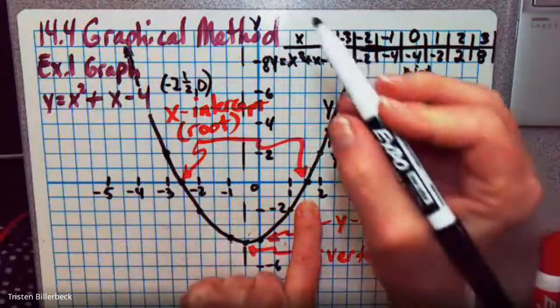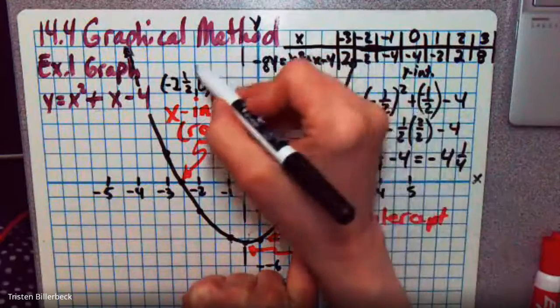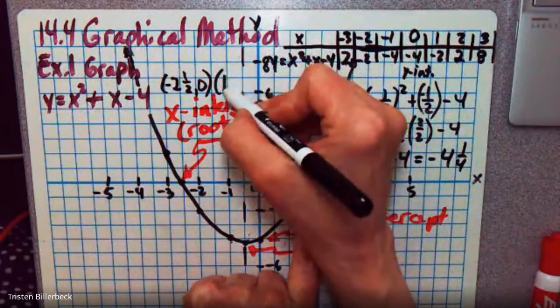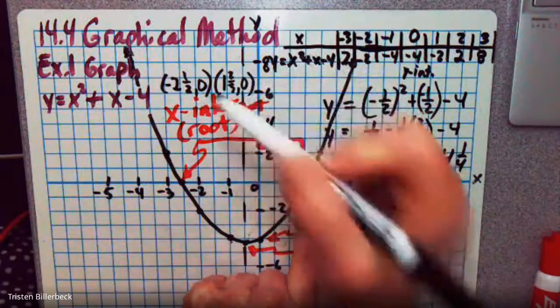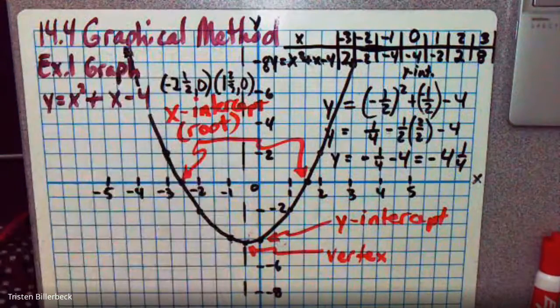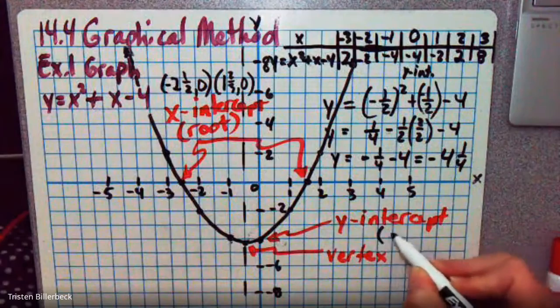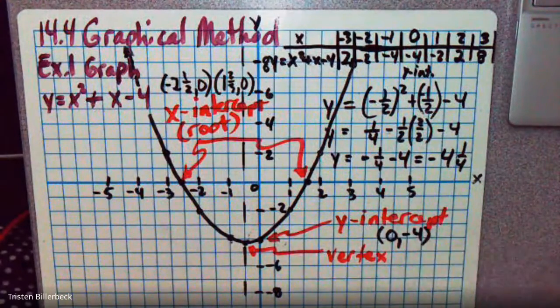And that's a little bit beyond 1 1/2, so I'd probably say about 1 2/3, 0, something like that. But notice that the y is 0, the x has a value, and those are the x-intercepts, as opposed to this y-intercept that has an x of 0 and a y value of -4.